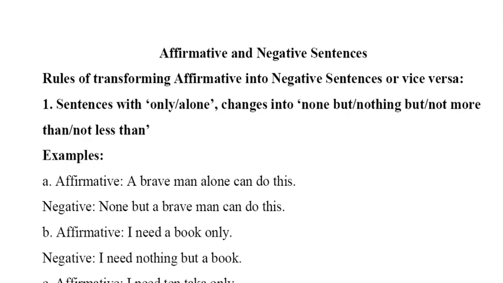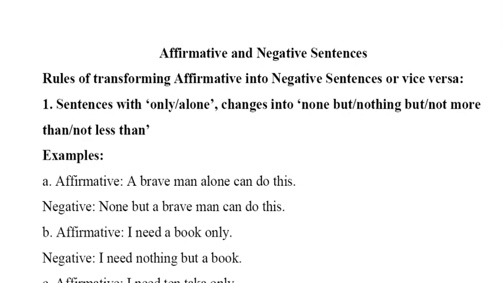If you see the examples, things will be clear. First one: a brave man alone can do this. To change it to negative, for alone we'll take none because it is a person. So: none but a brave man can do this. Then: I need a book only. Here only is focused on a thing or object, so it will take nothing.